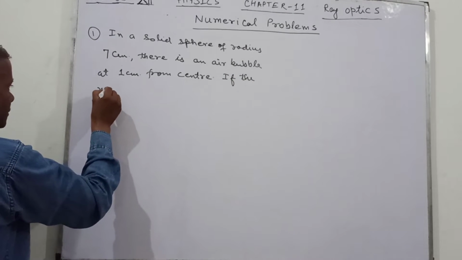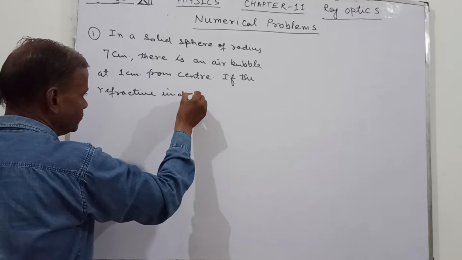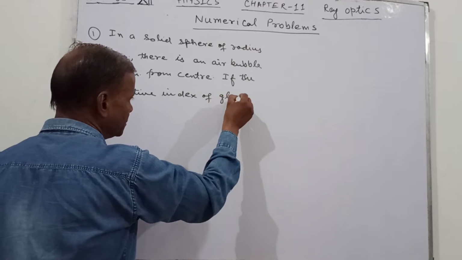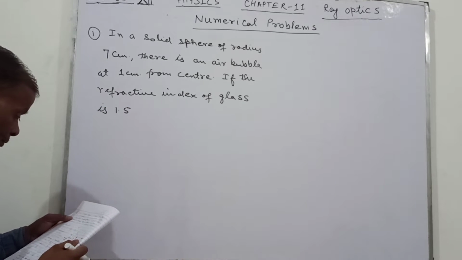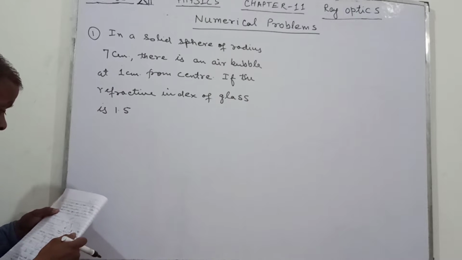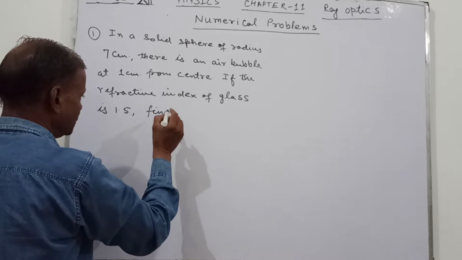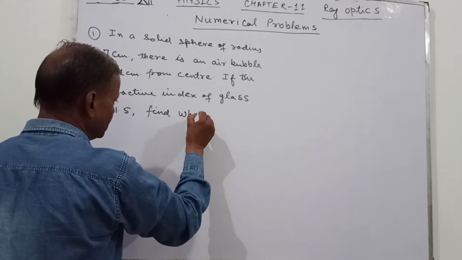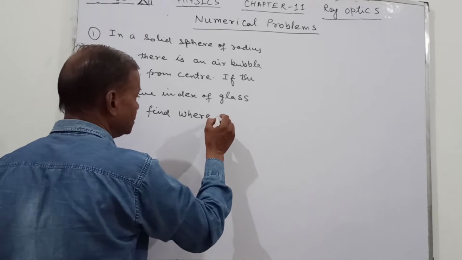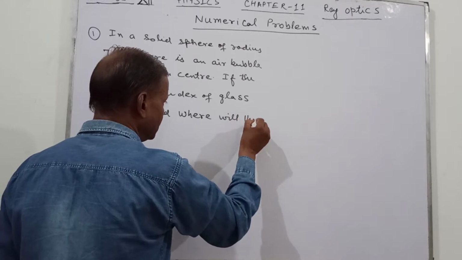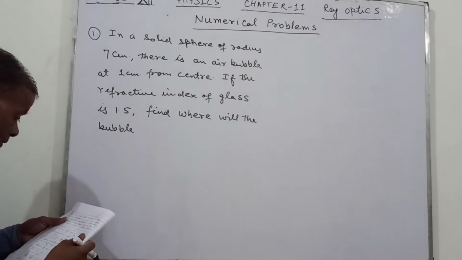If the refractive index of glass is 1.5, find where will the bubble appear.